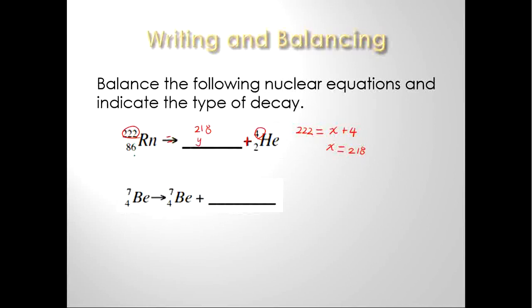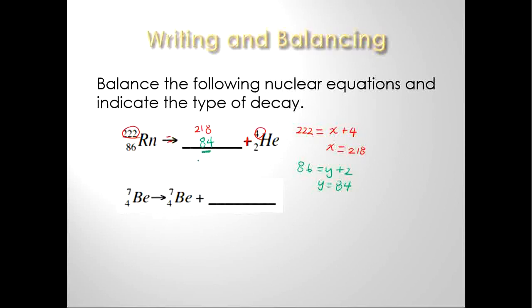Now I'm going to take a look at my bottom numbers, 86, this one, and this one. And I'll write it over here. 86 is equal to y plus 2. So what is y? Y is equal to 84. Now in order to find the symbol or the element, I have to look at my atomic number, which is the 84.